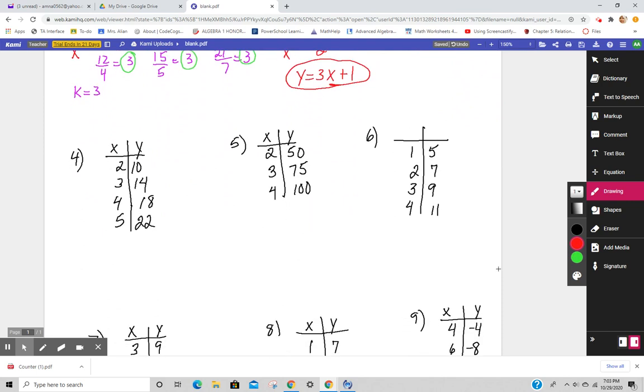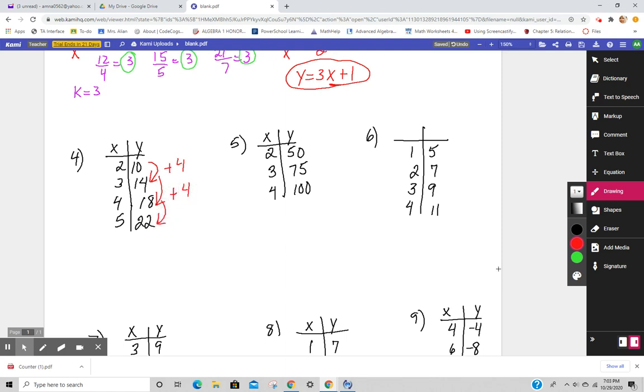All right, so 10 divided by 2, that's 5, but 14 divided by 3, that's not 5. So already we know it is not proportional. We can still write the equation, we just have to do it differently. We're going to find a constant rate, which means you see how the y's are changing. From 10 to 14, you add 4. From 14 to 18, you add 4.